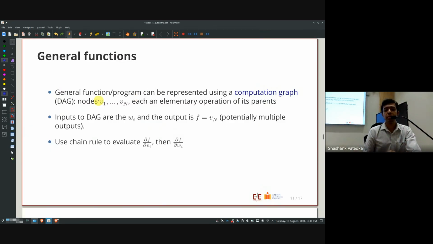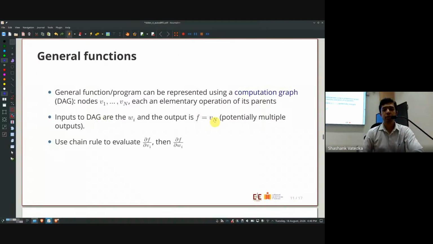So given any general function, you first construct this computation graph. Where you have a bunch of nodes, and each node can be obtained using some elementary operations on its parents. And the inputs to this directed acyclic graph are the variables with respect to which you want to find the partial derivatives.